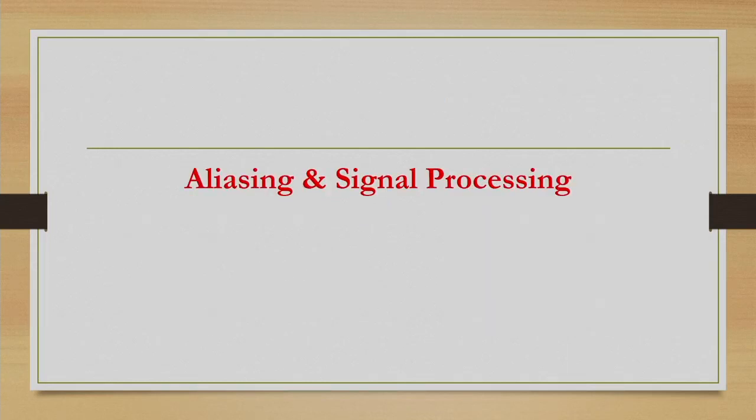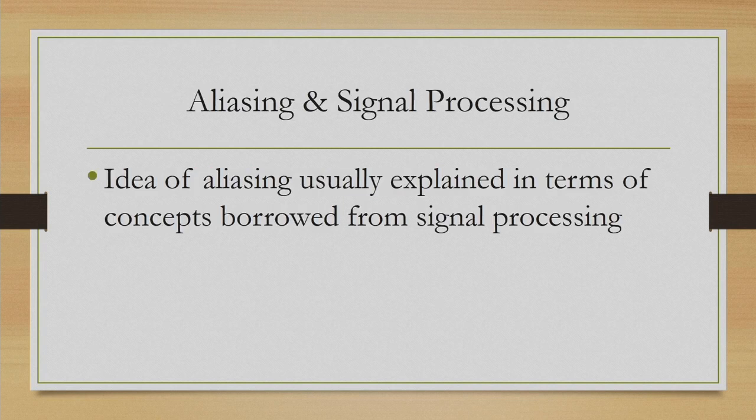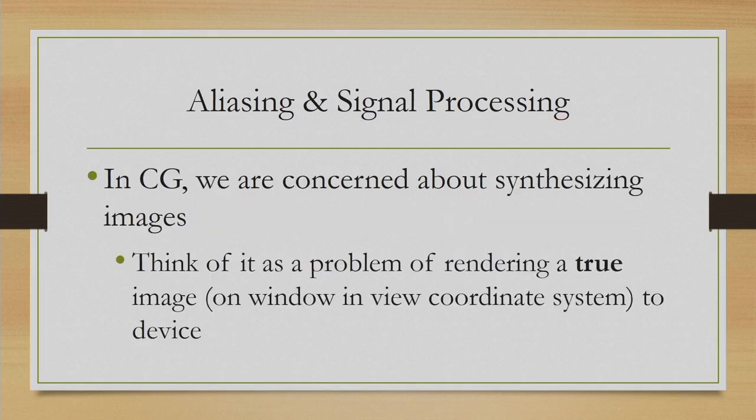So, why we call it aliasing? What is the significance of this term? In fact, the term aliasing is related to signal processing. We can explain the idea in terms of concepts that are borrowed from signal processing domain. In computer graphics, what we want?